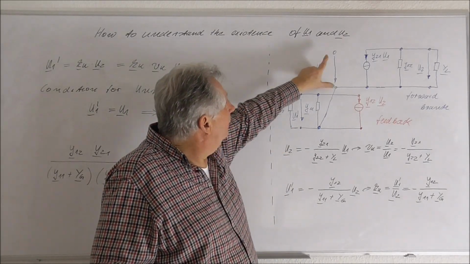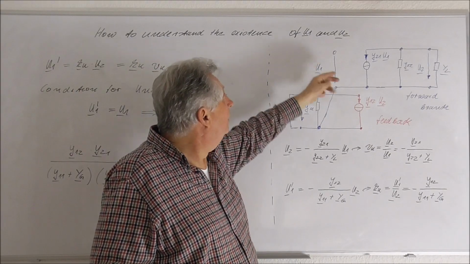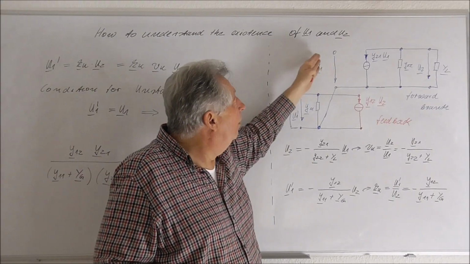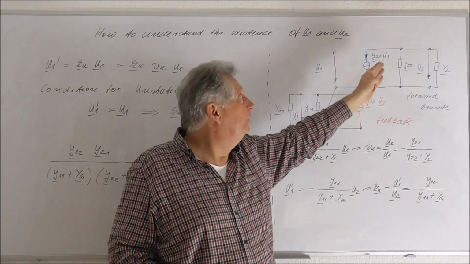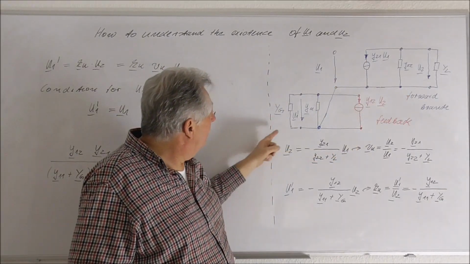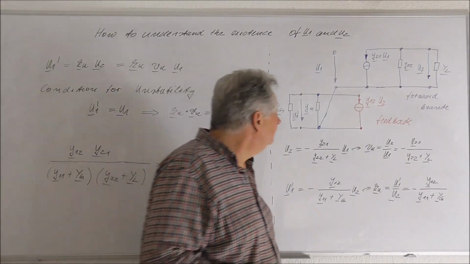So if I sketch this voltage U1 here, I assume that I connect a voltage source of U1 to this input of our transistor, and then we saw, due to the feedback, there will also be generated a voltage U1 prime.